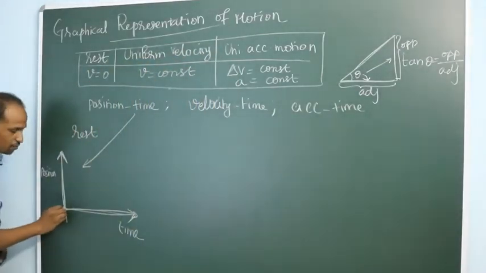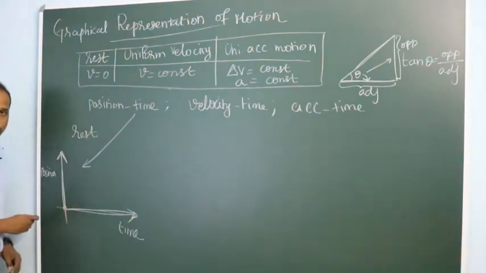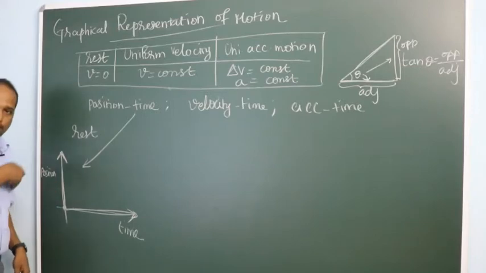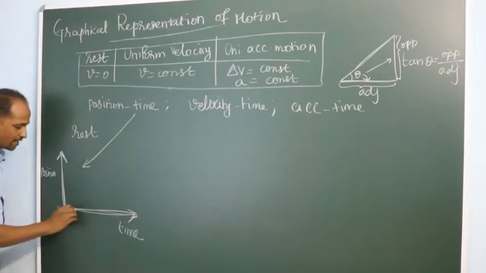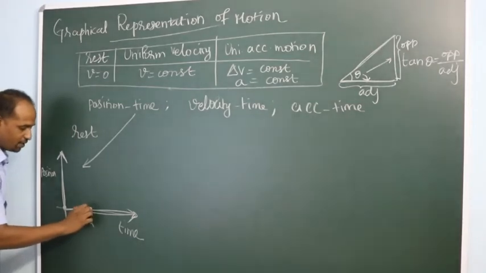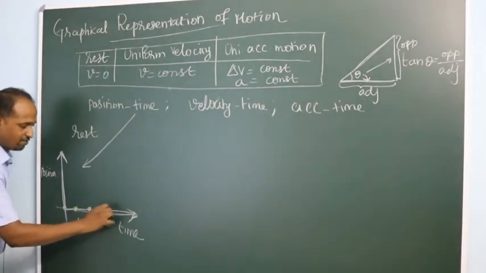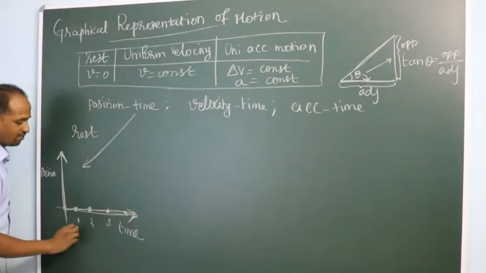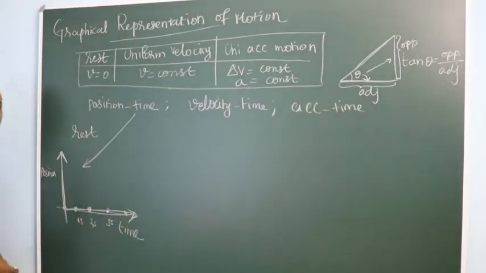When time is 0, that means when you start observing, the object was at the 0th position, 0 from you. After 1 second, it is still at 0. After 2, 3, 4 seconds, it is still with you. So this is how you represent rest.